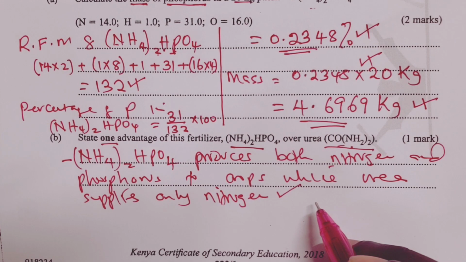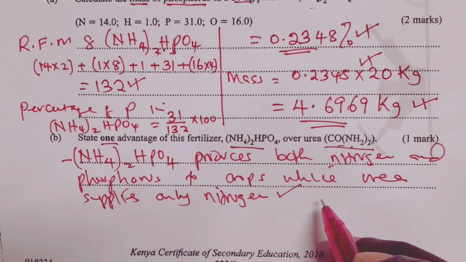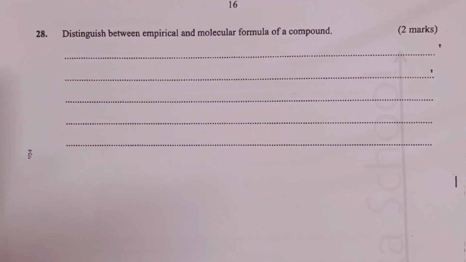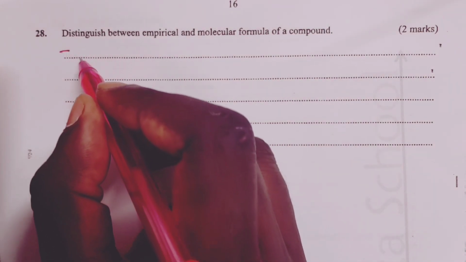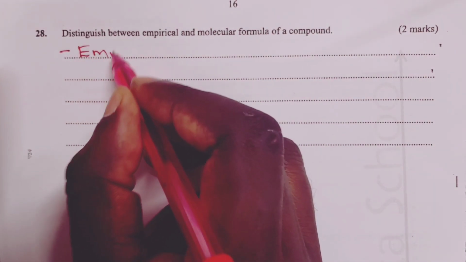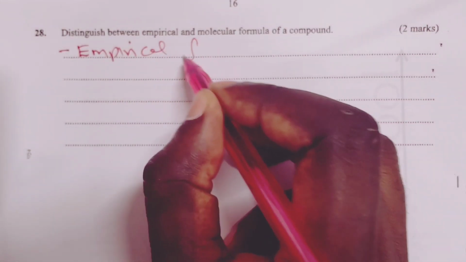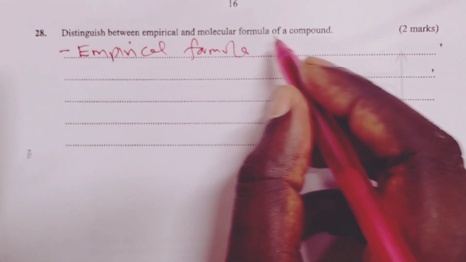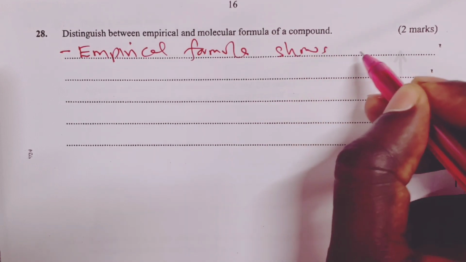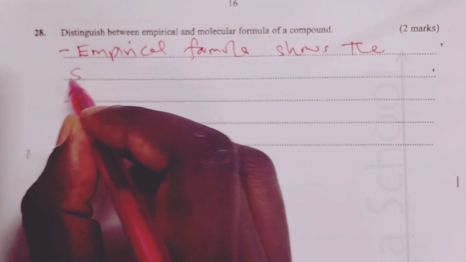We finally look at question number 28, which tested on the mole as we end our video. And we were finally asked to distinguish between empirical formula and molecular formula of a compound. Now, we all know that empirical formula will only show the simplest ratio.